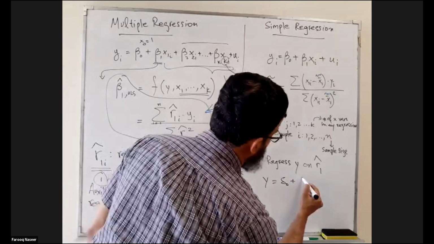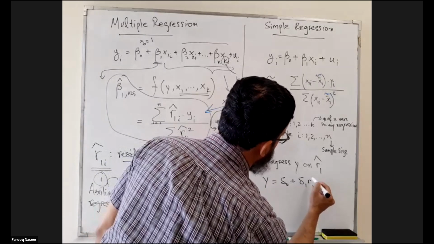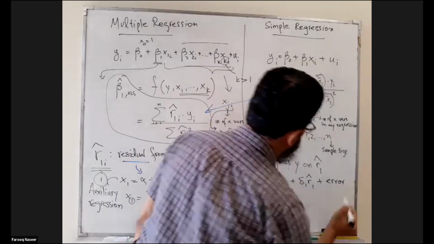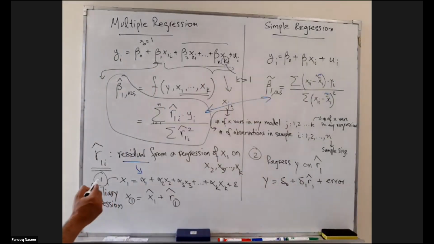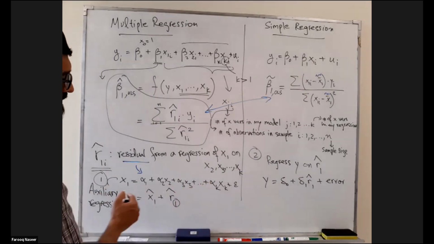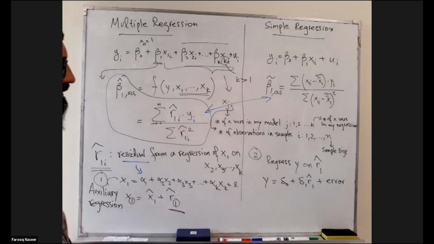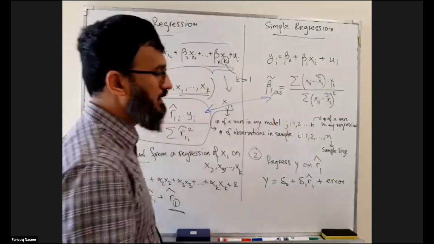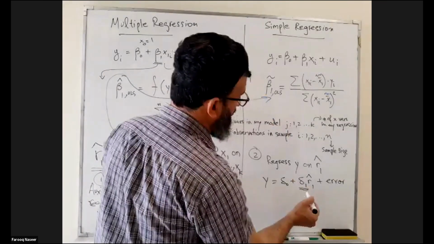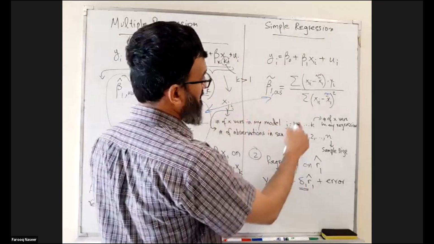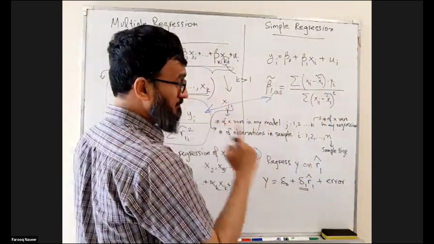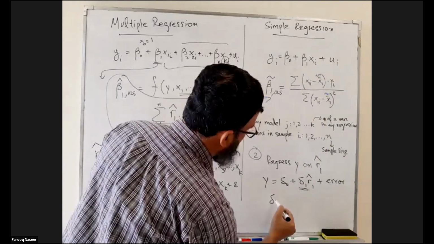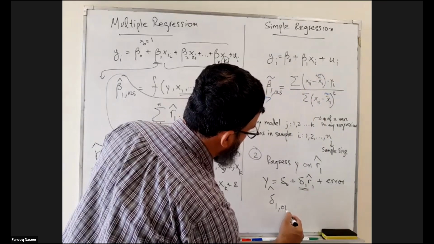Let's call those coefficients deltas: delta 0 plus delta 1 r1 hat plus an error term. So that's my second stage regression. In the first stage, I regressed x1 on all the other x variables and obtained r1 hat. In the second stage, I regressed y, my original dependent variable, on r1 hat. And so the slope coefficient in this regression, the OLS estimate of it using this formula but applying it to r1 hat instead of x1, I will get an estimate for delta 1 hat, right?